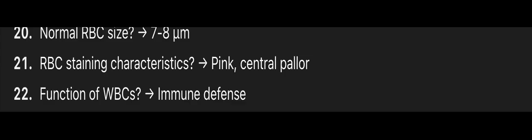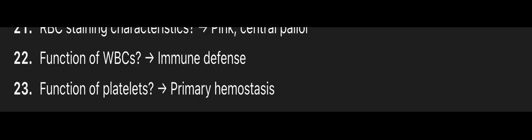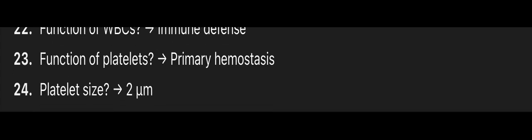What are functions of the white blood cells? Immune defense. What are functions of platelets? Primary hemostasis. What is the normal platelet size? 2 micrometers. So notice that is smaller than a red blood cell.